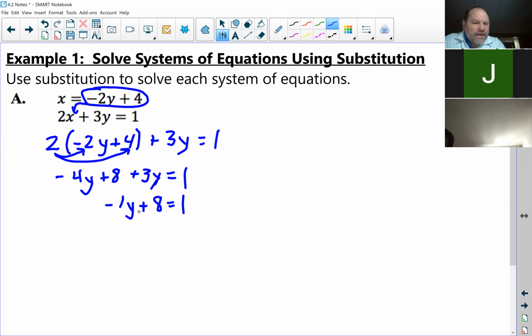So I'm adding 8 to the y. I want to subtract 8 from both sides of my equation. Some people I know will draw a line through their equal sign, just to make sure I'm subtracting 8 from both sides of that line. That keeps the equation equal.